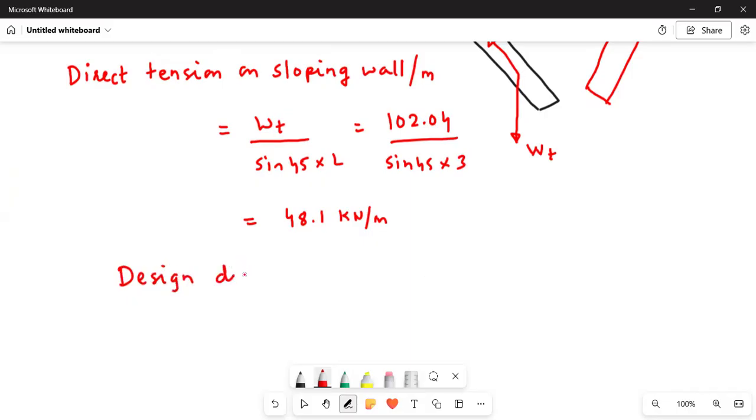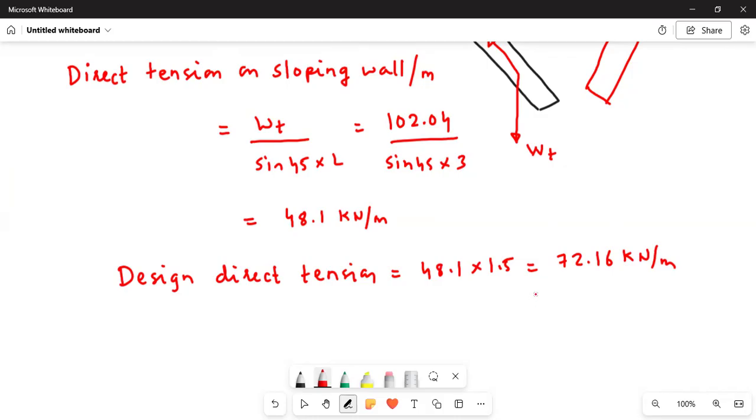Design direct tension equals 48.1 into 1.5, that is equal to 72.16 kilonewton per meter. And this is the factored direct tension that is acting on the sloping slab.